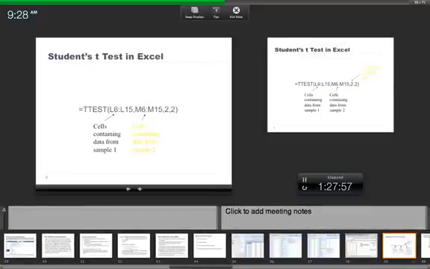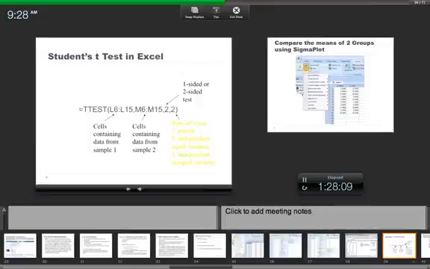These are the cells containing the data from sample 2. That's whether the test is a one-sided test. And the type of test, whether it's a paired test, or independent equal variance test, or independent unequal variance test.